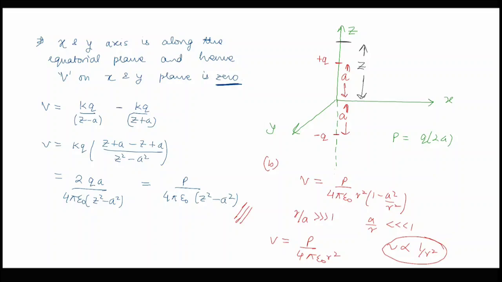So in the C part the work done is going to be 0 in displacing the small test charge from the point 5, 0, 0 to minus 7, 0, 0 along the x-axis.